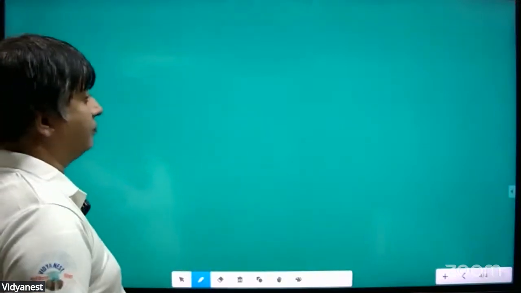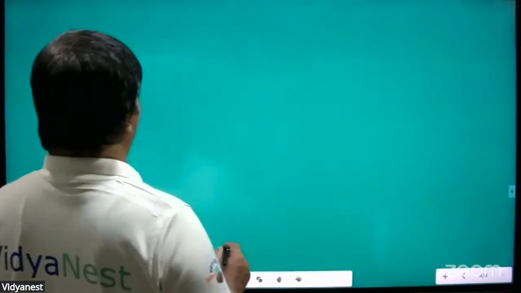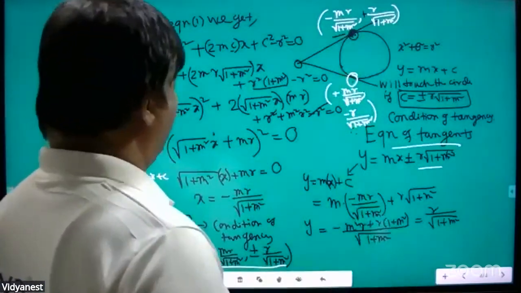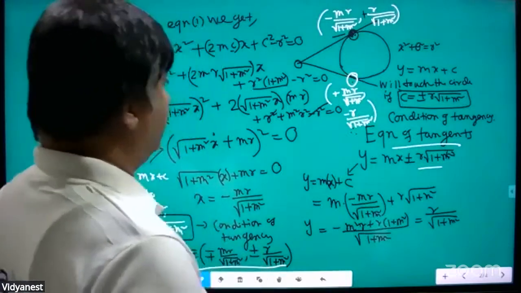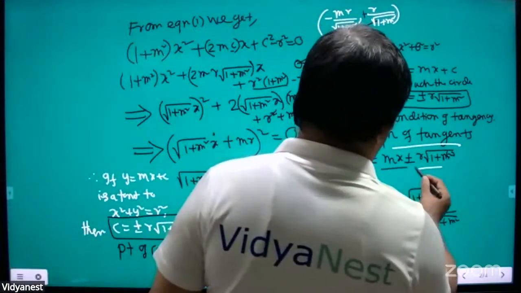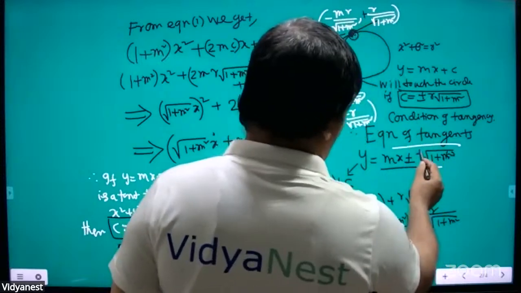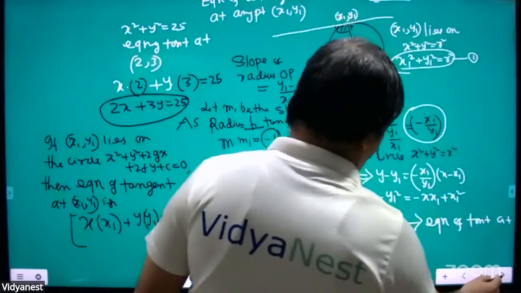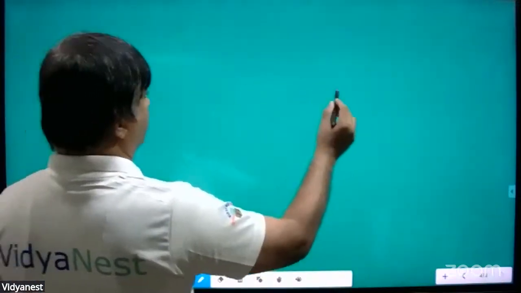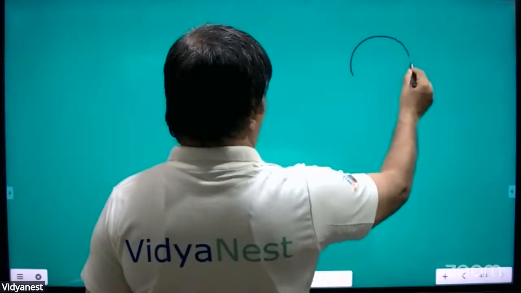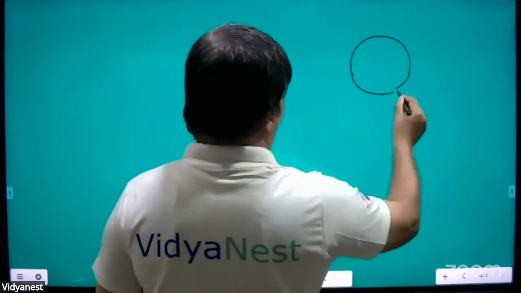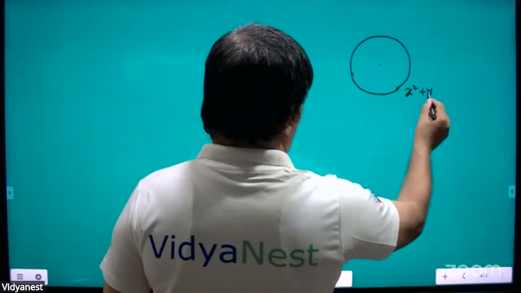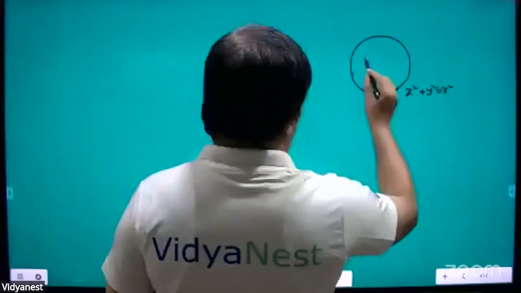Okay. Now see, from here we have come to know this is the equation of the tangent and this is the condition of tangency. So suppose there is a circle like this, x square plus y square is equal to r square.